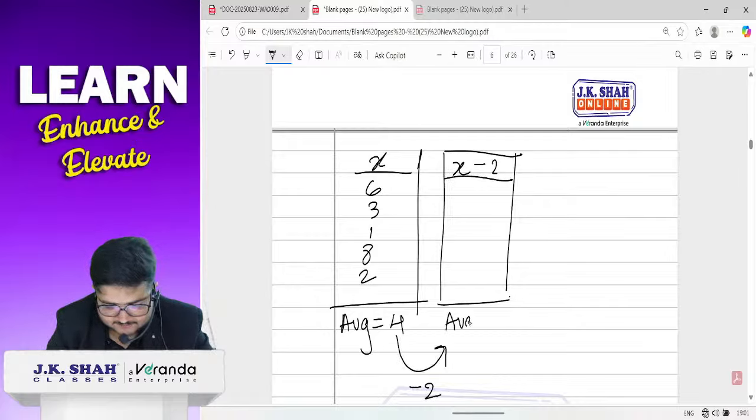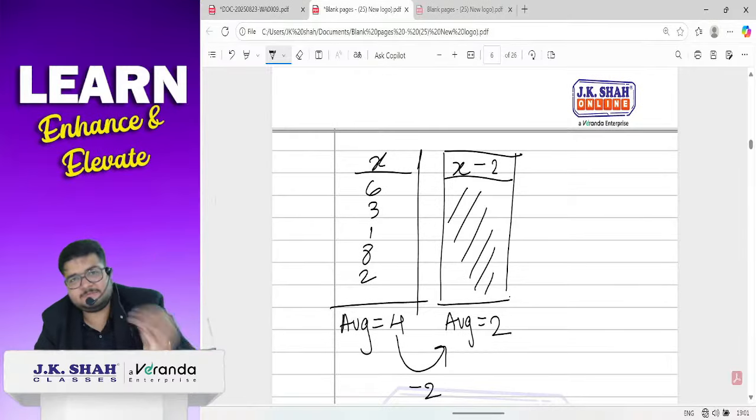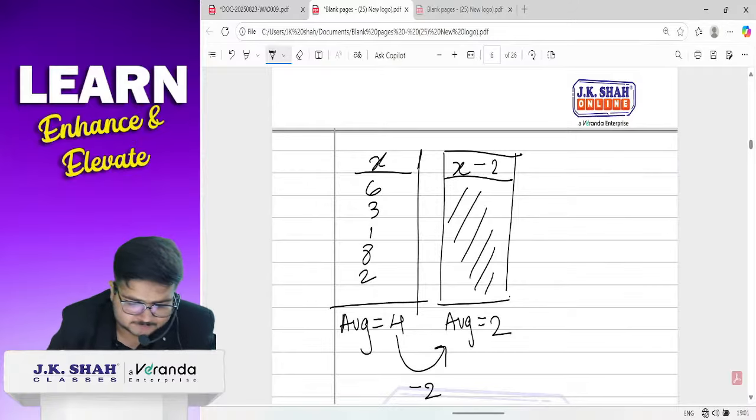So you can directly find the average without calculating the observations. Average will be 2. Whatever you subtract from each observation, you similarly subtract from the average. You will get the average of the observations directly. You don't have to calculate the observations.